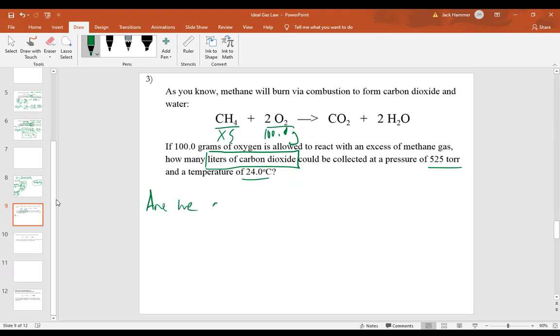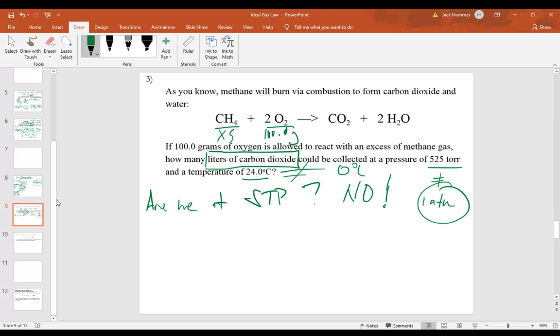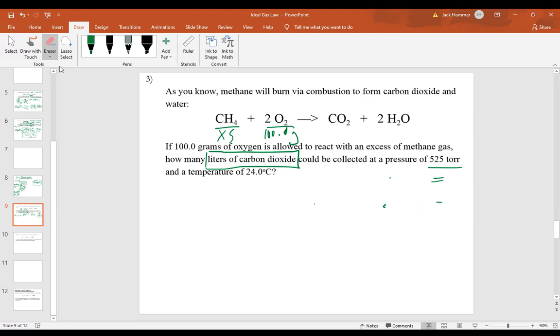The answer is no, we're not, because 525 torr is not equal to 1 ATM, which is standard pressure. And 24 degrees Celsius is not equal to 0 degrees Celsius. So we are not at STP conditions, so we have to use the ideal gas law.